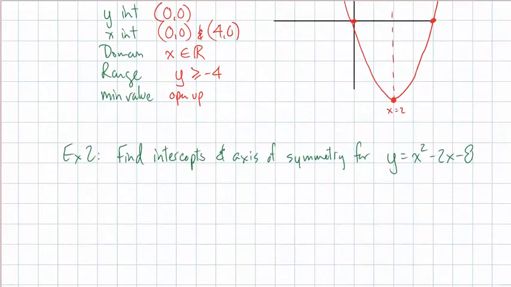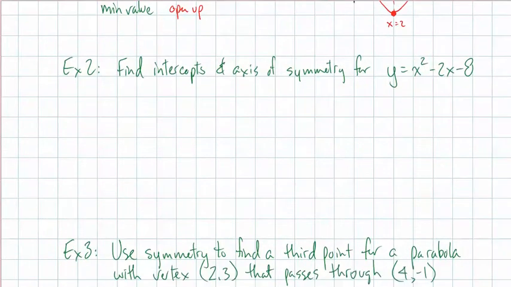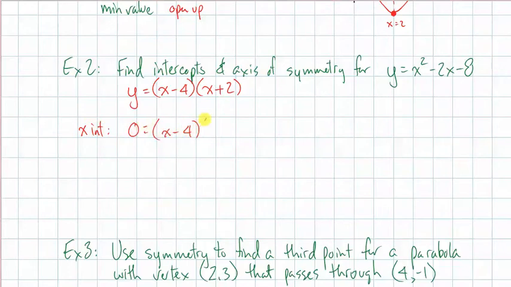Another example. Find the intercepts and axis of symmetry, rather, for this function. Well, one thing I can do with this function is I can factor it. They don't all factor, but in this set of exercises, most of the time they will. The x-intercepts are where y is 0, so I'm essentially solving an equation with a couple of factors.